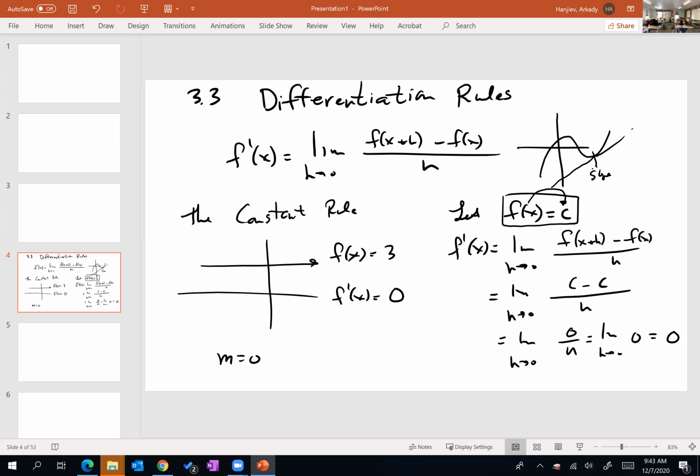Okay, so let's do this here. If you want to write it as a rule, there are two different ways. Let me jump to this one just to finish up here. If f of x is equal to c, then the derivative of f of c is equal to 0. That's one way of writing it.